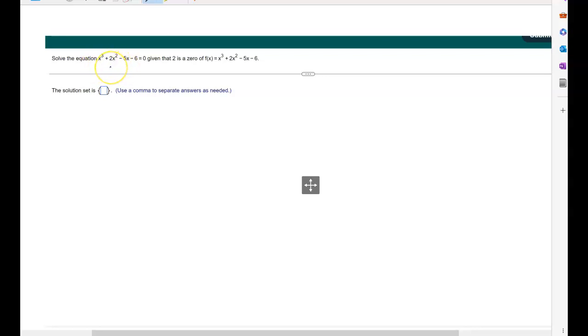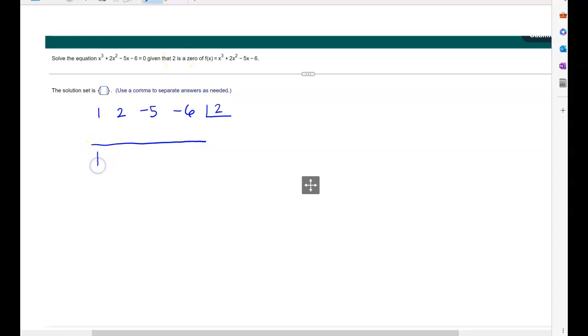of this polynomial. So let's use synthetic division. Let's write down the coefficients. So you have 1, 2, negative 5, and negative 6. So this is for x cubed, x squared, x, and that's a constant. Then you put 2 here. We expect that the remainder here is 0 because 2 is already given to be a 0.